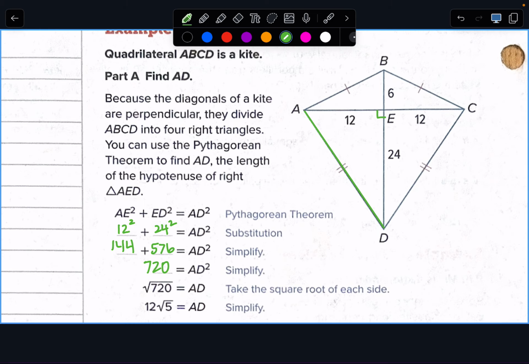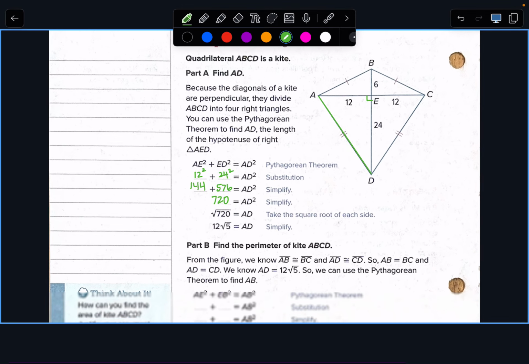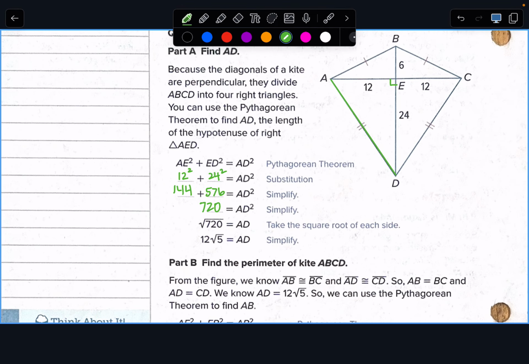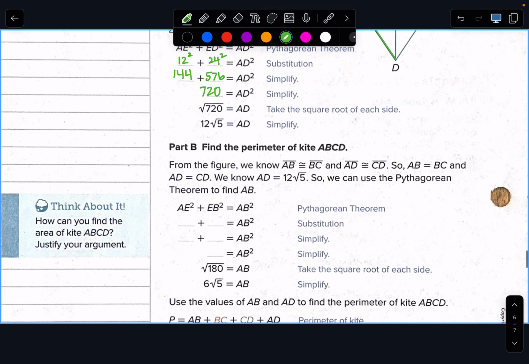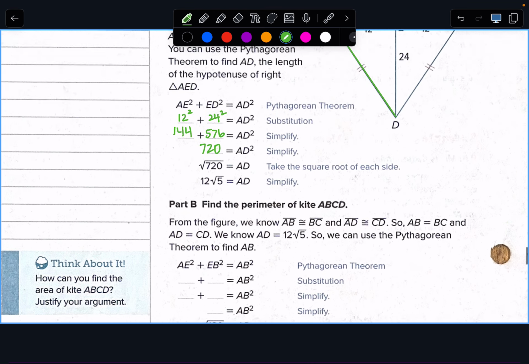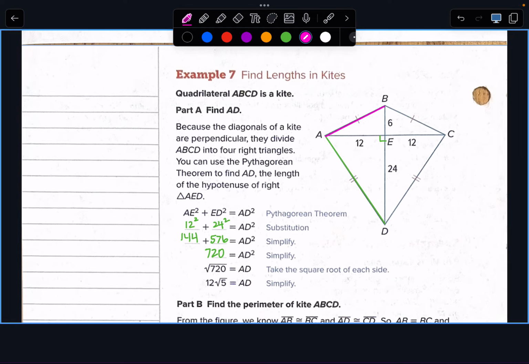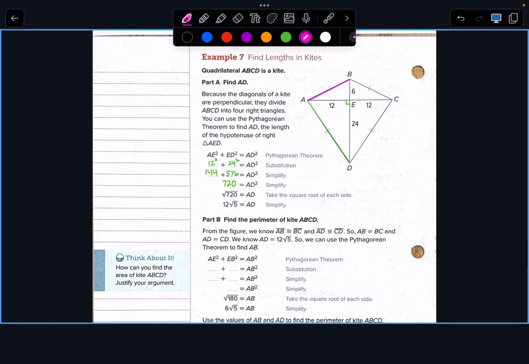So we have 720, we square root both sides. Now, if we wanted to find AB, we would have to use 6 squared and 12 squared.